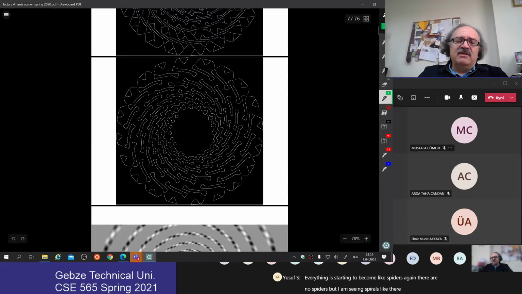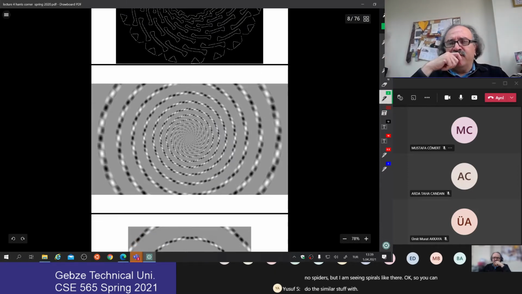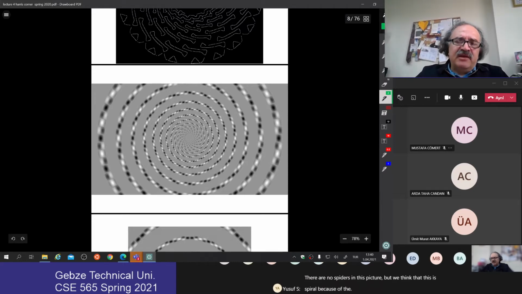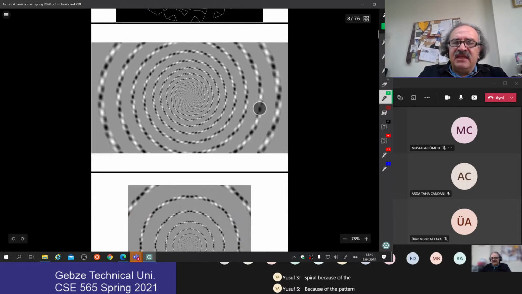Okay, so you can do similar stuff with all kinds of other images. For example, again, there are no spirals in this picture, but we think that it's a spiral because of the pattern inside these squares.